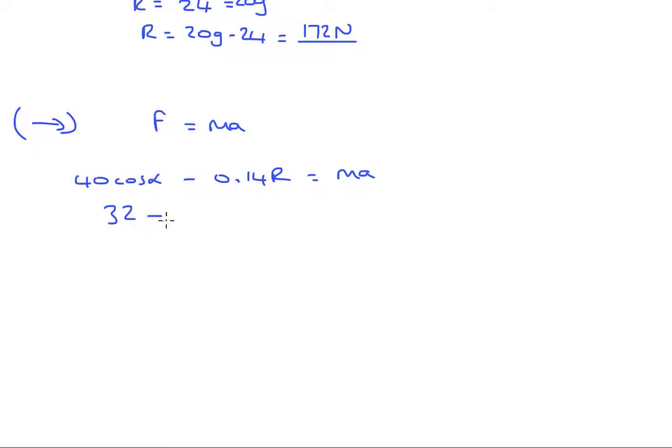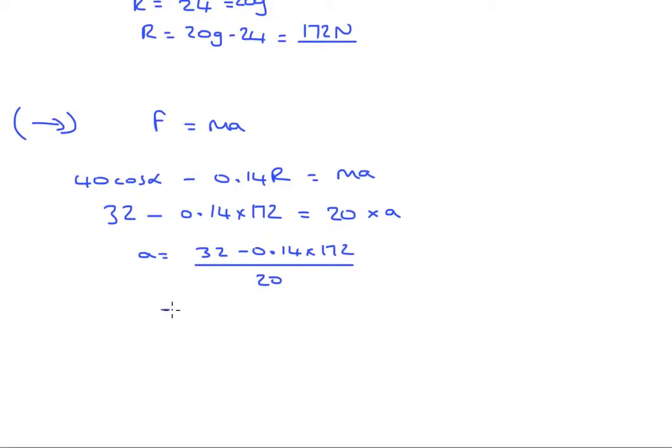We know R is 172, and that's going to equal the mass, which was 20, times A. So A is going to be this divided by 20. So that's giving me an acceleration of 0.396 meters per second squared.